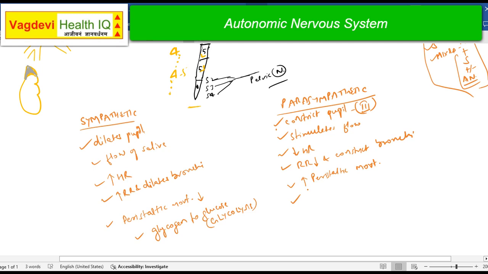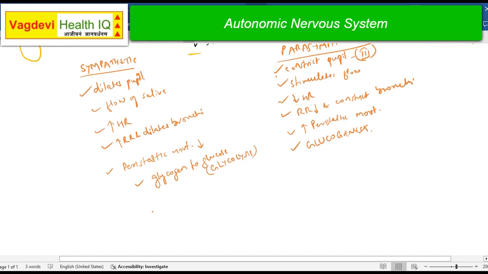But the other way around, what will it do? Gluconeogenesis, right? Glucose will form glycogen and it will get stored in the liver easily. Very nice. Now it will stimulate the release of bile. It's a beautiful system.